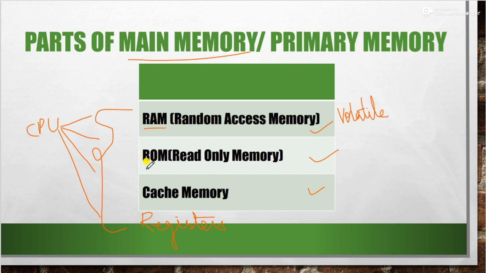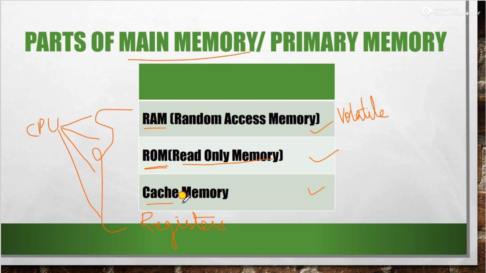Then next we have ROM. ROM is read only memory. From the name only you can understand that once you have written the information, then you can read from that again and again. Okay, so generally it is used for storing any data on a permanent basis.